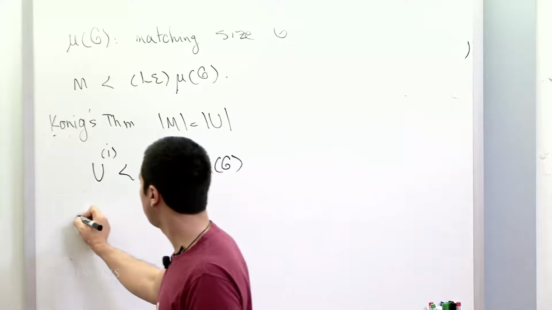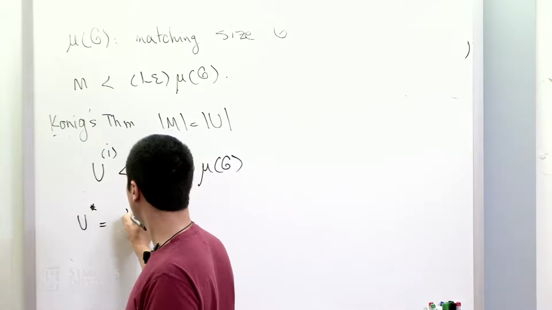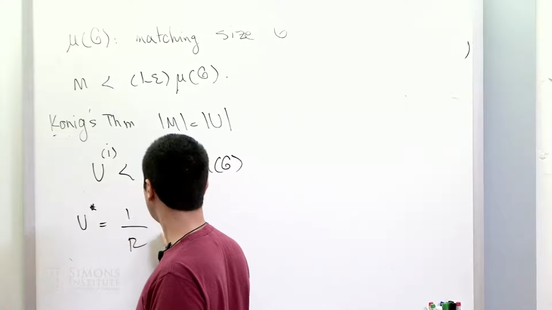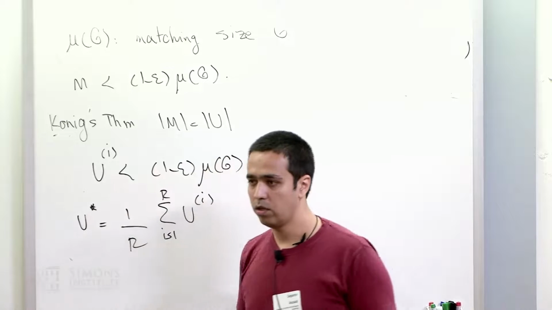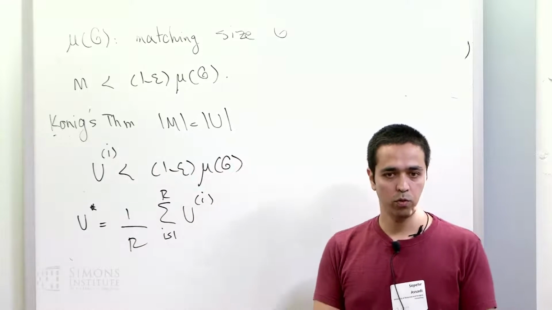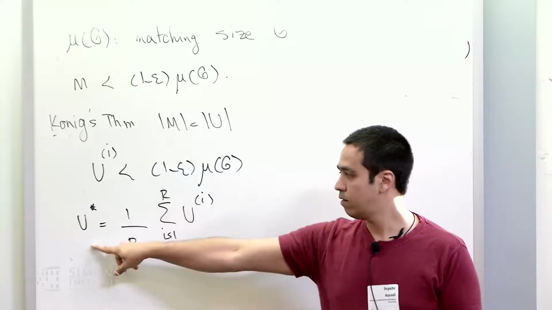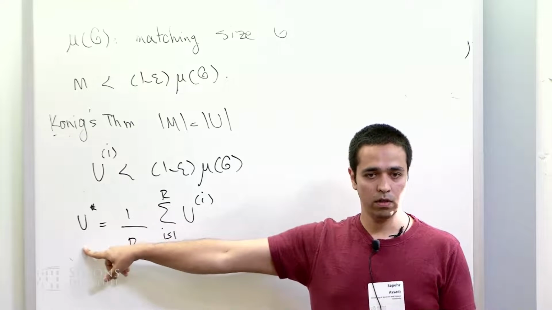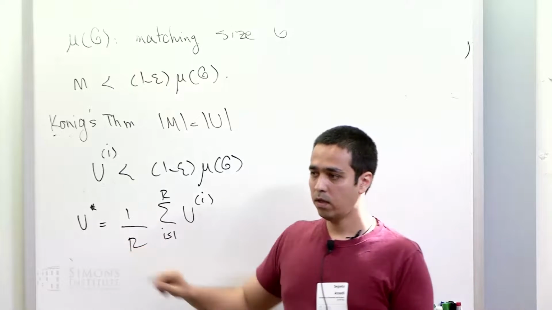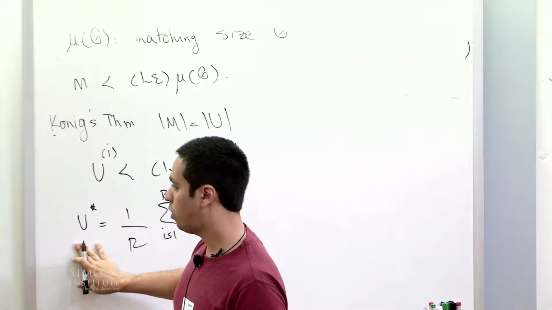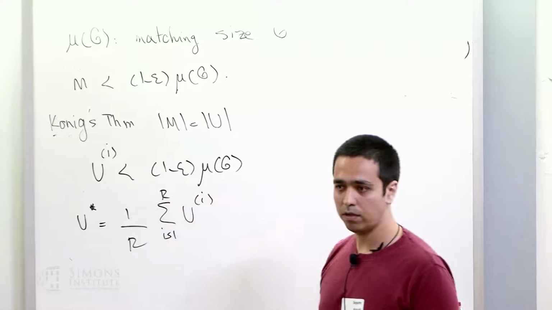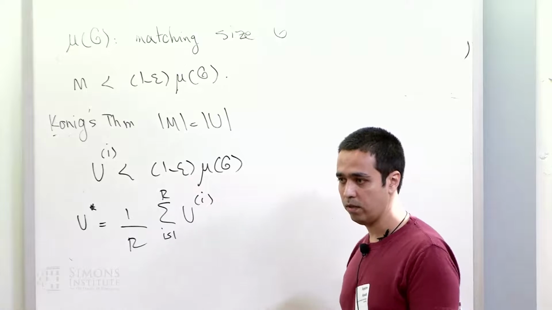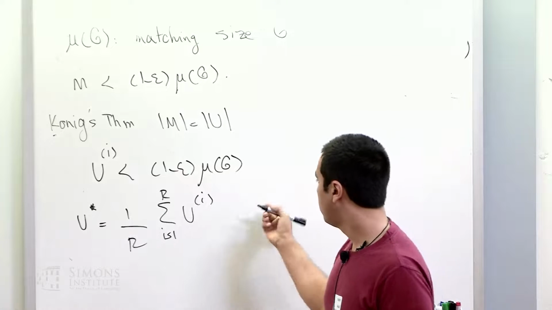Define U star to be 1 over R times the summation for i equal 1 to R of U_i. This is a fractional solution. You put mass over vertices. This thing is small in total. But I want to say that U star cannot be a vertex cover of the graph. In fact, U star is going to be very far from a good vertex cover. Why?